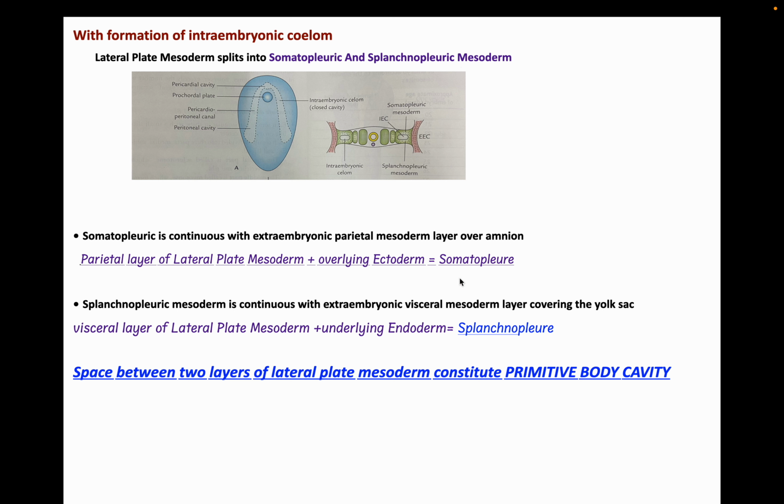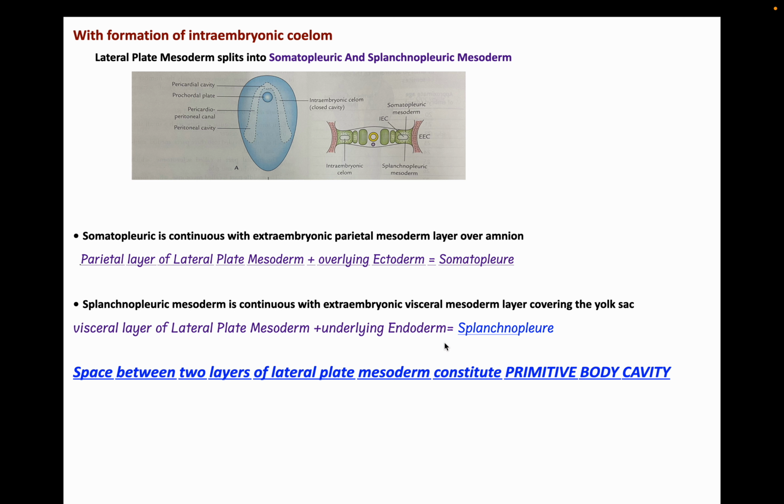What are the components of this somatopleuric and splanchnopleuric mesoderm? The parietal layer of the lateral plate mesoderm and overlying ectoderm are considered as somatopleuric, that is towards the body wall. Somato is derived from soma, meaning body wall. Then splanchnopleuric mesoderm is continuous with the extraembryonic visceral mesoderm layer covering the yolk sac.